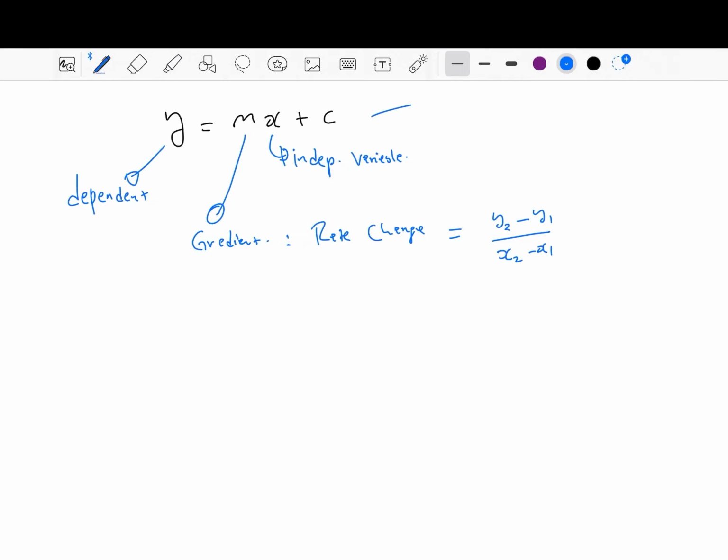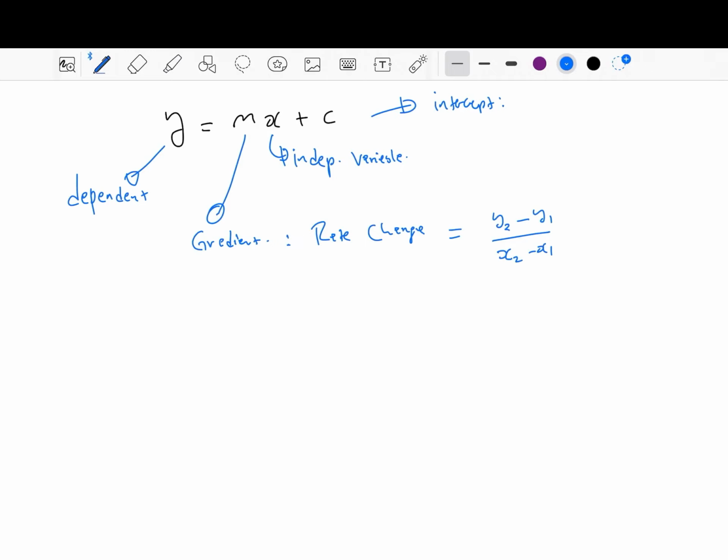And then you have what you call C. C is an intercept. So what is an intercept? Actually, an intercept is when an independent variable is 0. What is your C? It depends on your use case. So when an independent variable is 0, what is your C? Now you need to be able to identify what is an independent variable and what is a dependent variable.